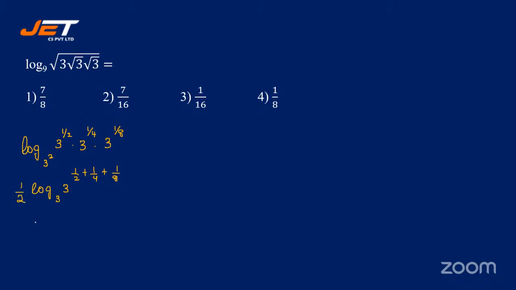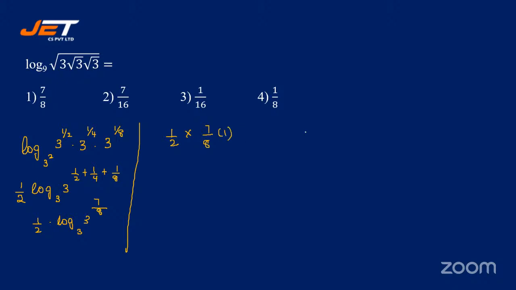All right. So now half into log 3 base 3. If you take LCM of all this, you get 8. Okay. So 4 plus 2, 6. 6 plus 1, 7. Right. So next step, half into. So the 7 by 8 can come front. Log 3 base 3 is 1.